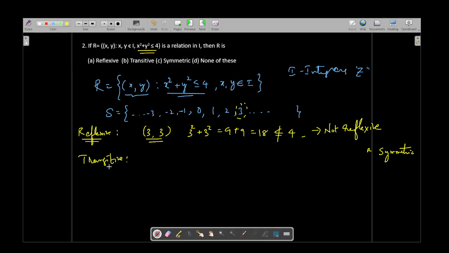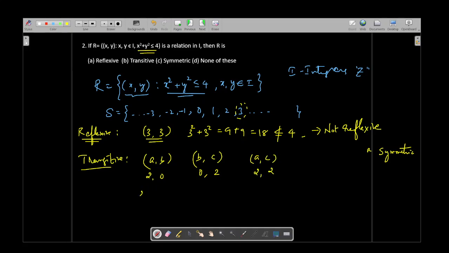Let's take (a, b) as (2, 0), and (b, c) as... For this type of example, you always take one of the elements as 0. That will help to counter it. So I'll take (b, c) as (0, 2). Then I have to take (a, c) as (2, 2).